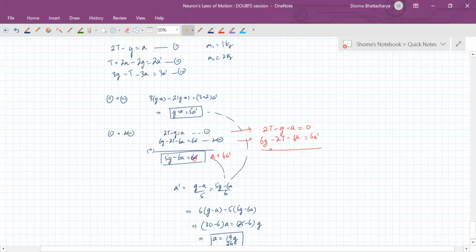So we are adding these two now. So we get 5g minus 7a is equal to 6a prime. Let's check, is this the equation we are getting? Yeah. So this solving will become a little different.